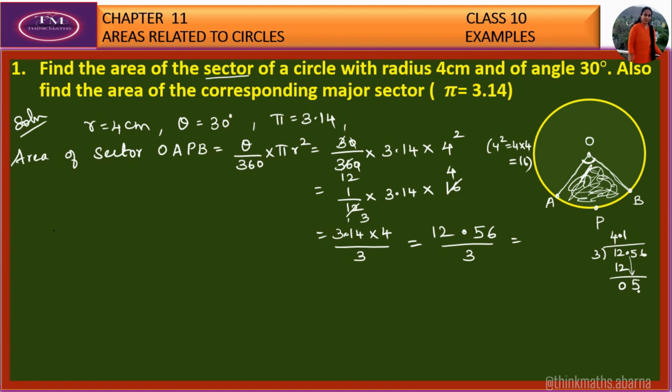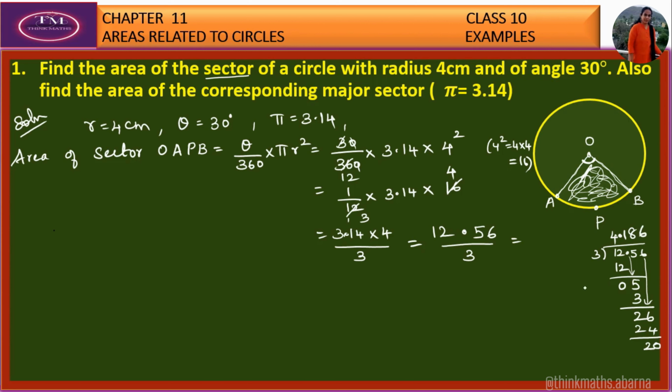Then 5 comes down. 1 three is 3, 5 minus 3 is 2. Bring this 6 down, so it is 26. 8 threes are 24. Balance is 2. So put a 0. Already the decimal is there, so no need to put a decimal for this 0.